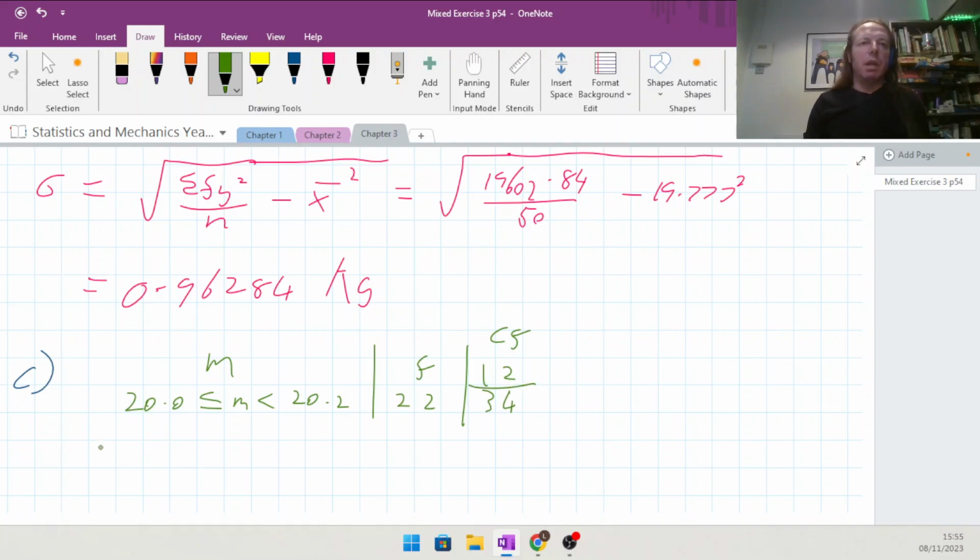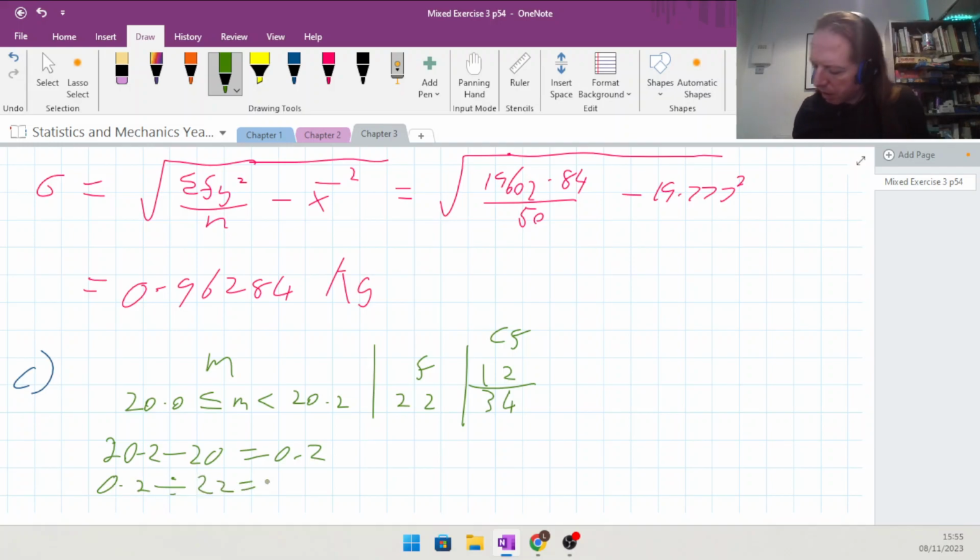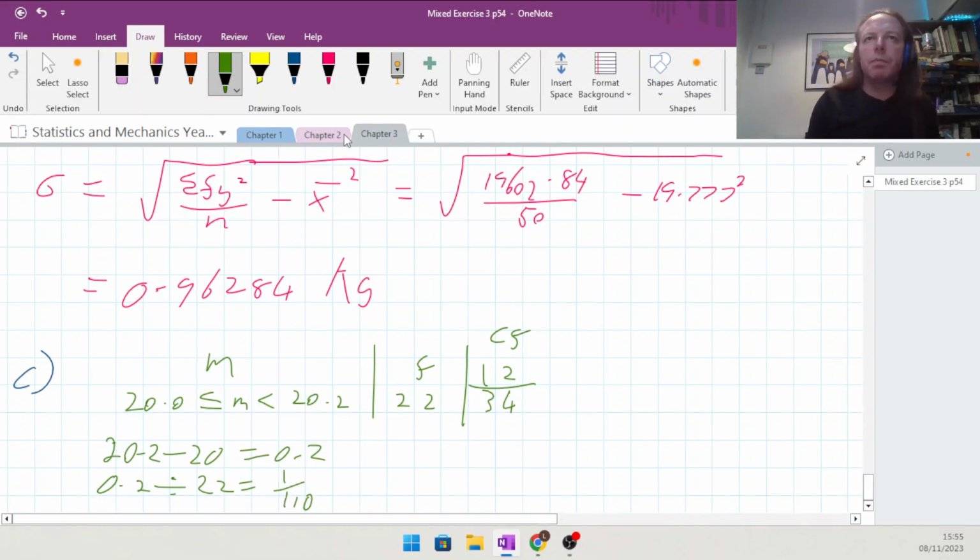Now we can say that 20.2 minus 20 is equal to 0.2, and 0.2 shared by the entire frequency of 22 is 1 over 110.